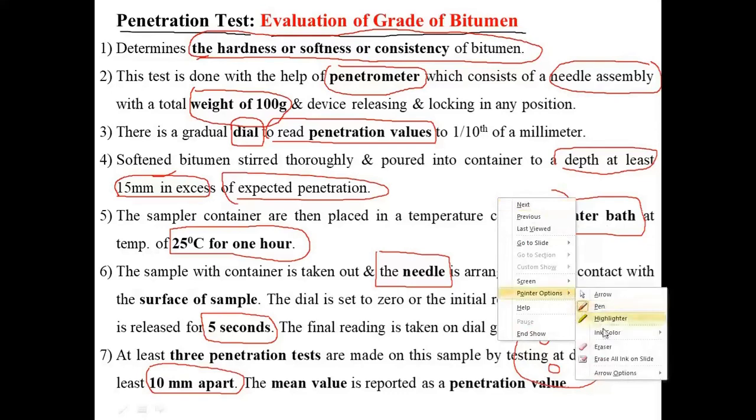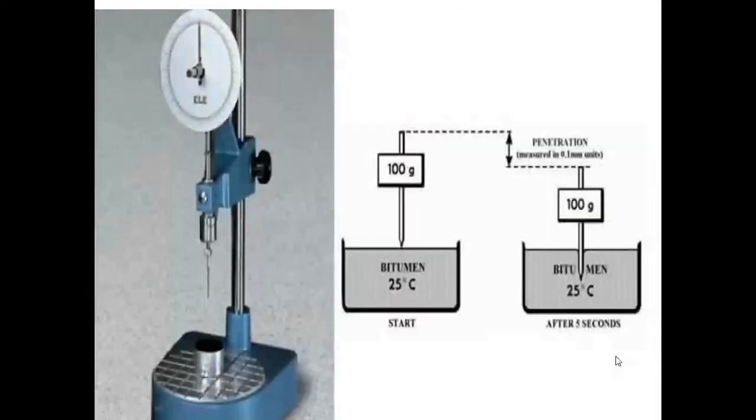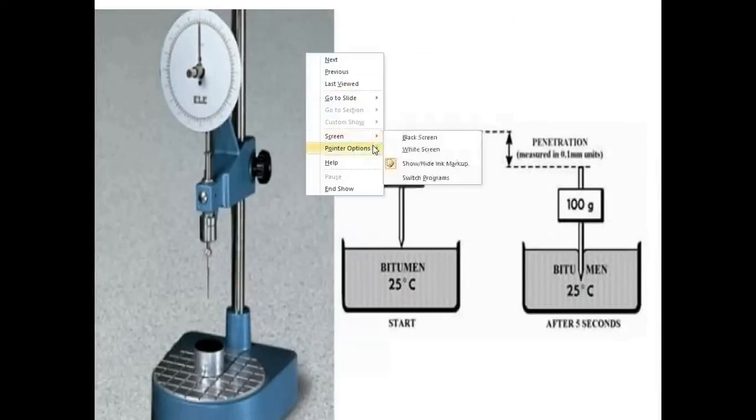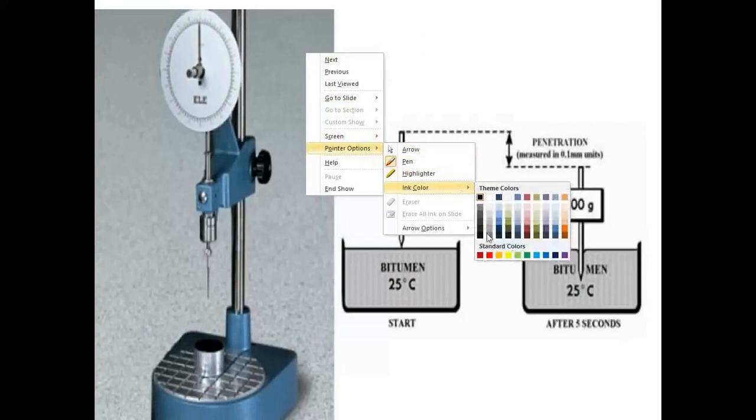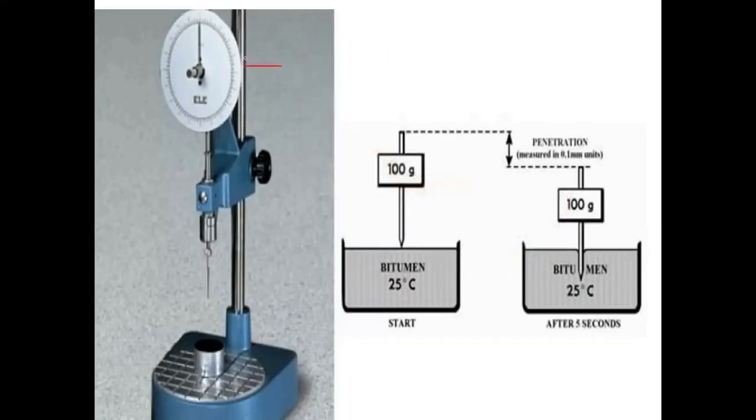So let me clear all these things. Moving further, let me tell you one more time, this is a penetrometer. This is a dial gauge. This is the knob which is used for loosening.